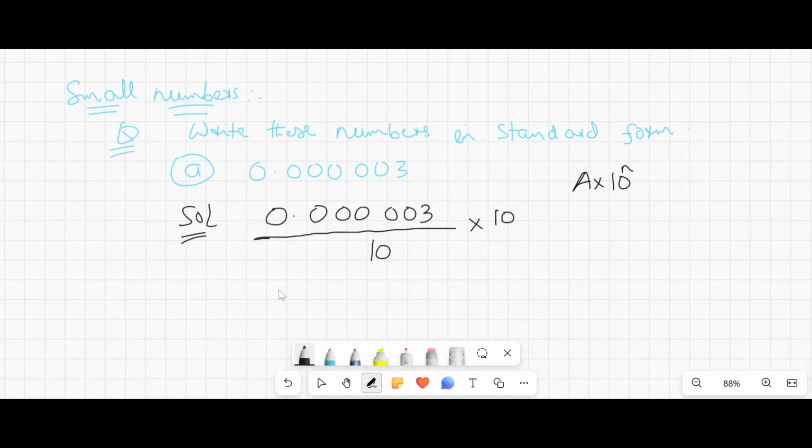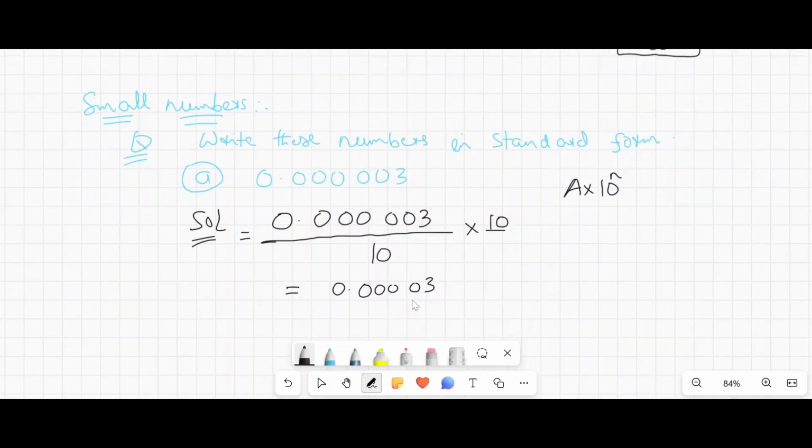So the 10 which is in the numerator, you will multiply with this number. When we multiply this number, our point will move towards the left side. So it will become like 0.0000 and 0 and 3.